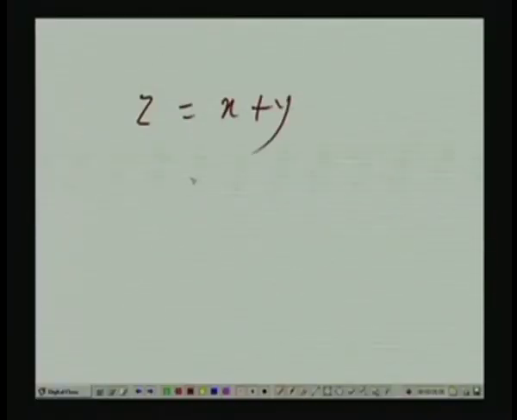Before I conclude, I will cover one more small topic. Suppose z is x plus y, where x and y are two random variables, and z is another random variable obtained by summing x and y.